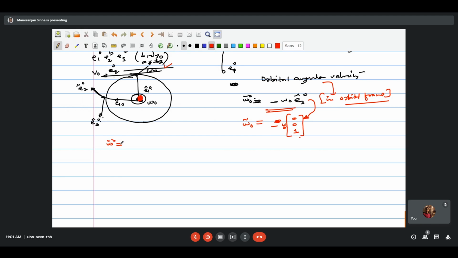In the vector notation, the total angular velocity of the satellite is omega 0 plus omega r, where omega r is the angular velocity with respect to the orbital frame, the angular velocity of the body frame. So this becomes the inertial angular velocity. This is a common vector notation that we are following.